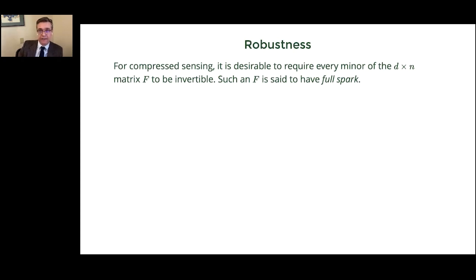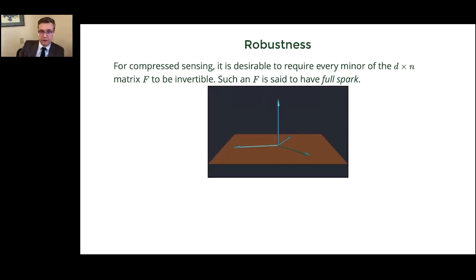One way to say that is that every D by D minor should be invertible, should have non-zero determinant. When you have that condition, F is called full spark. And so this is ruling out situations like this. Here's a frame consisting of 4 vectors in R3, but you can see that 3 of them lie in some 2-dimensional subspace.